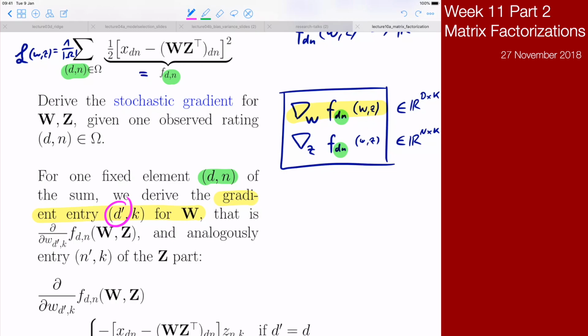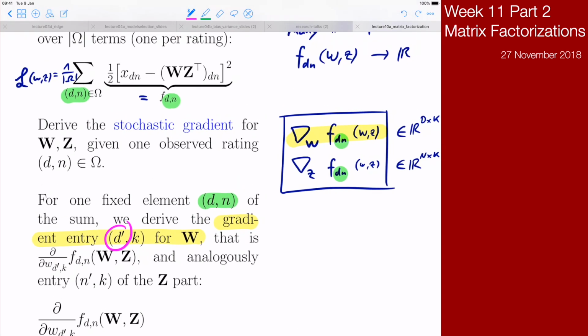Yeah, that's our goal. Do you agree with the goal? Or is it a bit confusing why we have d and d prime, or is it clear? Who wants to have more details on d prime and n? So, d prime and d. We have 100 million functions here, which is one per observation we made.